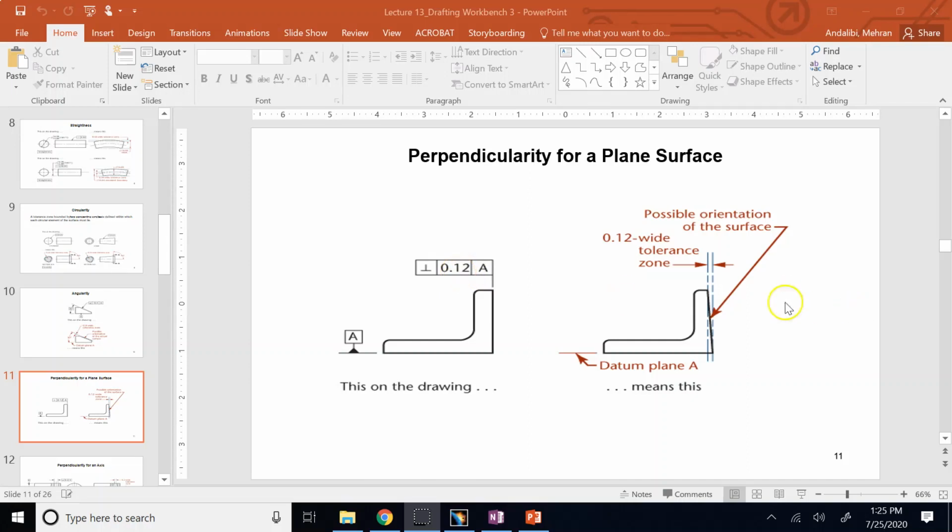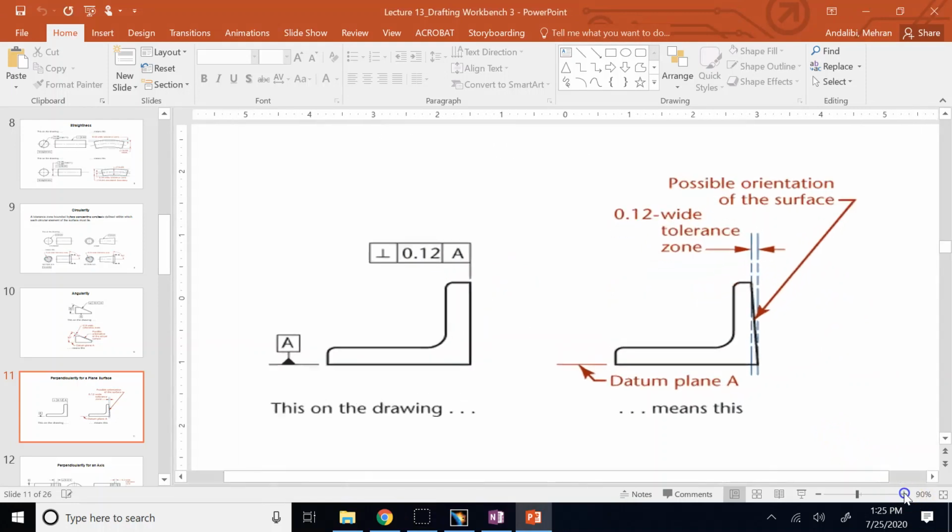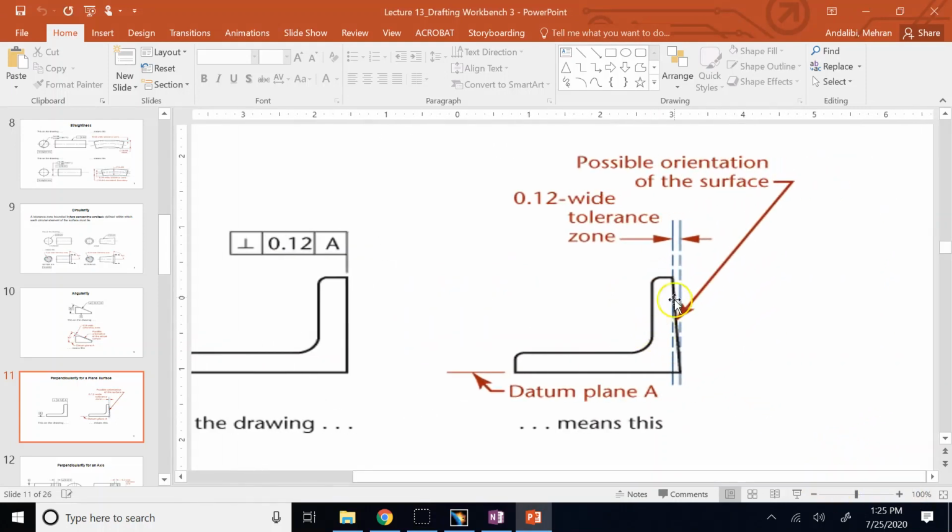What does that mean? It means if you do not make this wall completely vertical and it has some angle, then if you draw two planes or two lines that are completely perpendicular to A, such that any point on this machined surface lies within these two planes or inside this tolerance zone, then I don't want the gap between these two planes to be more than 0.12.